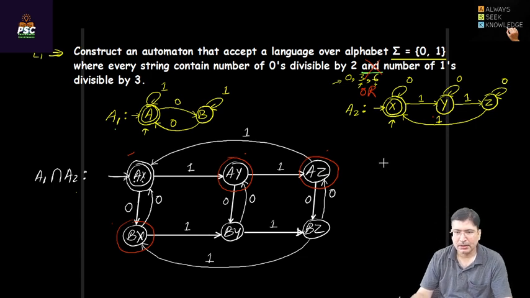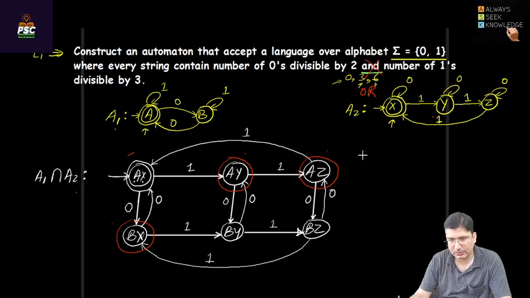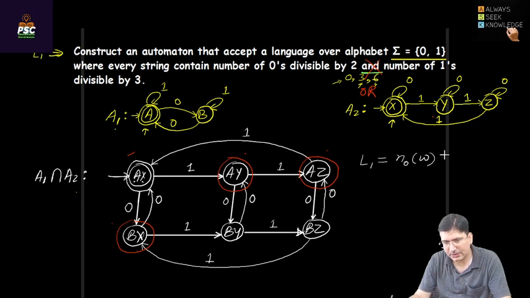Okay. So if we want to represent, let's say A1 is accepting language 1, you will find in many of the books, the number of zeros in every W, means a string, is congruent to 0 mod 2.